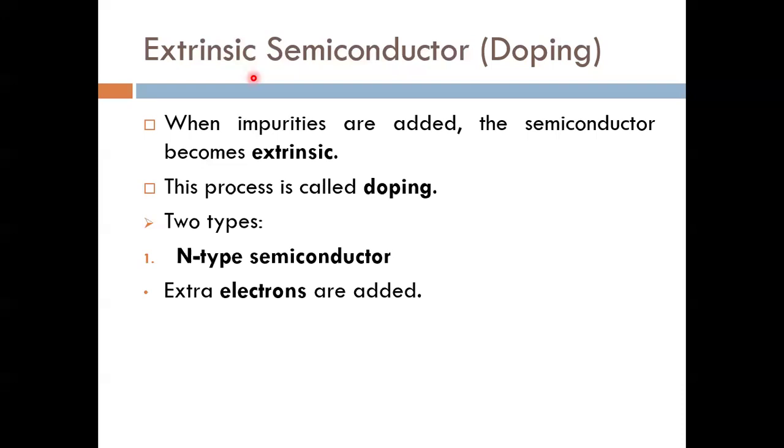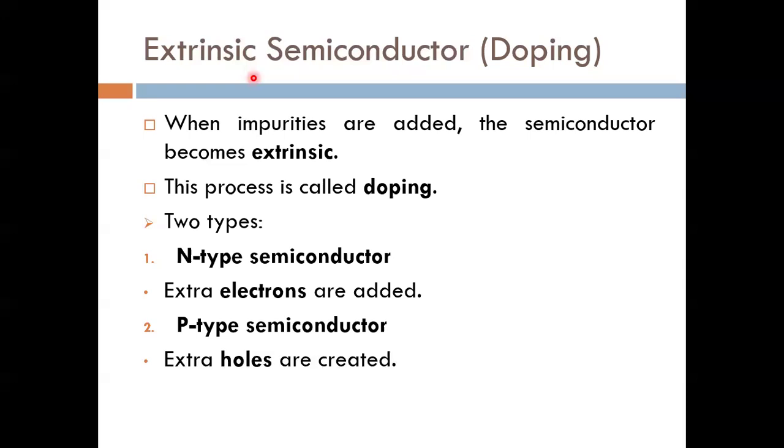So this will result in n-type semiconductor. The other type is p-type semiconductor, when there is deficiency of electrons, or we can say a hole, a vacancy, so extra holes are created.